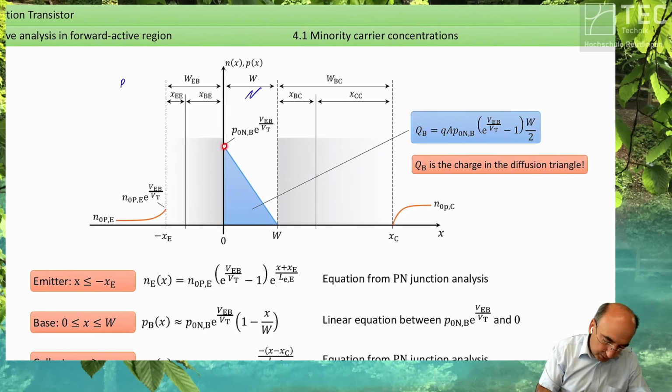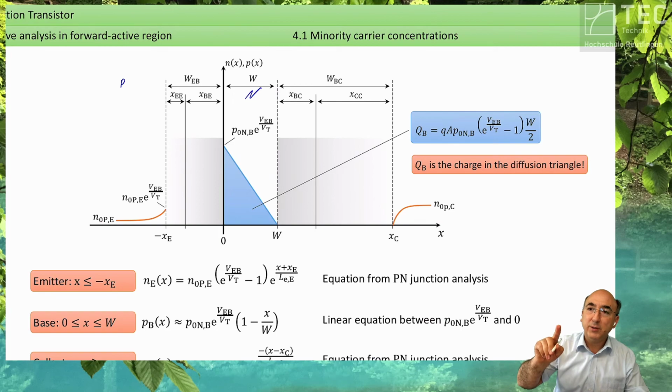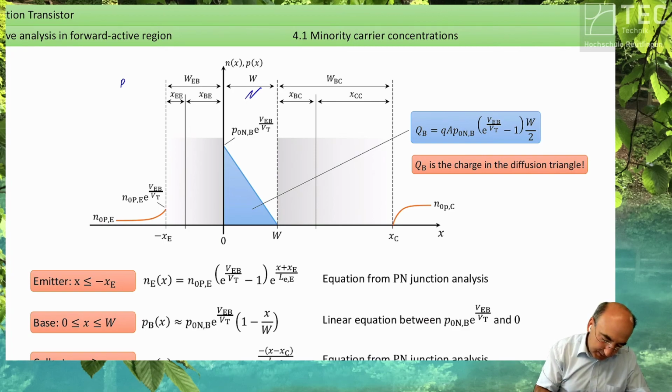Okay, so if this distance is in the nanometer range, and if this relaxation distance is in the micrometer range, now comes a combination. And at that point, the concentration is zero.